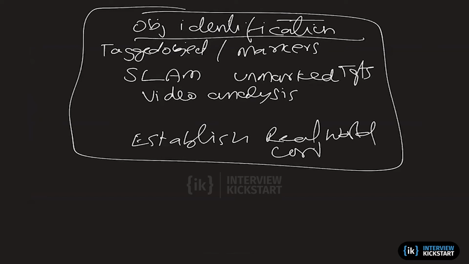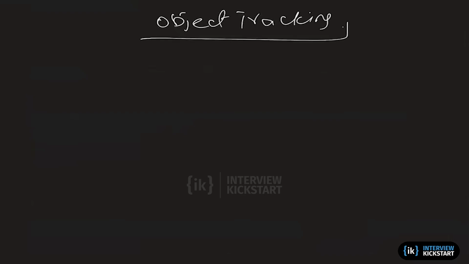So in augmented reality, that is what is driving what you want to augment. And the second thing is object movement tracking, or object tracking. So that block you will have to think about. The object may be stationary, and you are moving around.